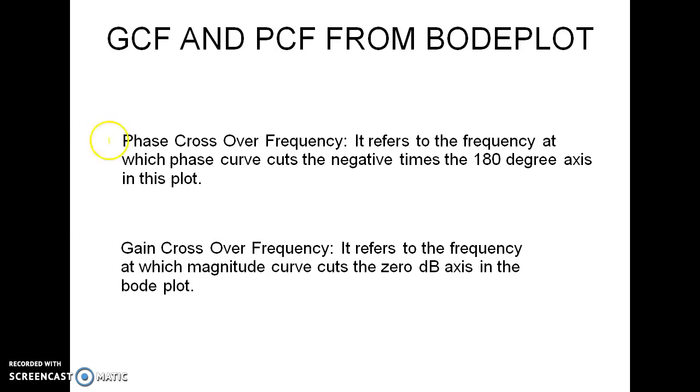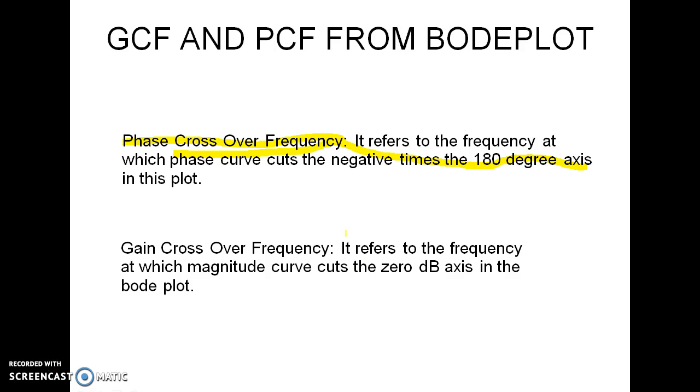Similarly, the phase crossover frequency is the frequency at which the phase plot crosses the minus 180 degree axis. So these are the two frequencies, defined in radians per second.